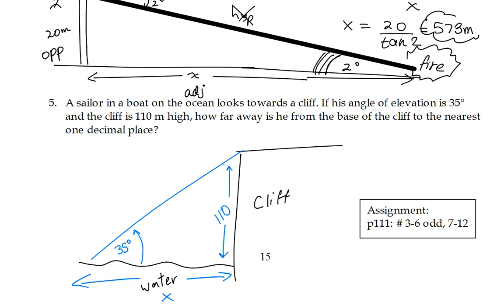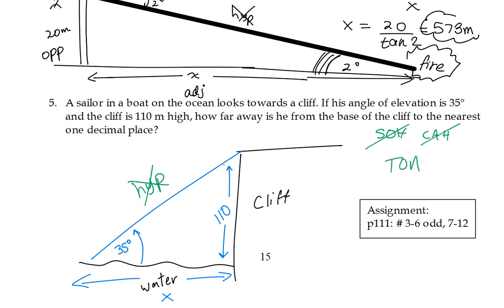SOHCAHTOA. I wonder which one. Which one don't we know? Which label do we know nothing about? Yeah, good, you guys are starting to see this. This hypotenuse, we don't know anything. We don't want to solve for it. We don't have information about it. Ignore any question or any formula that has it. Oh, can't do sin. Oh, can't do cos.